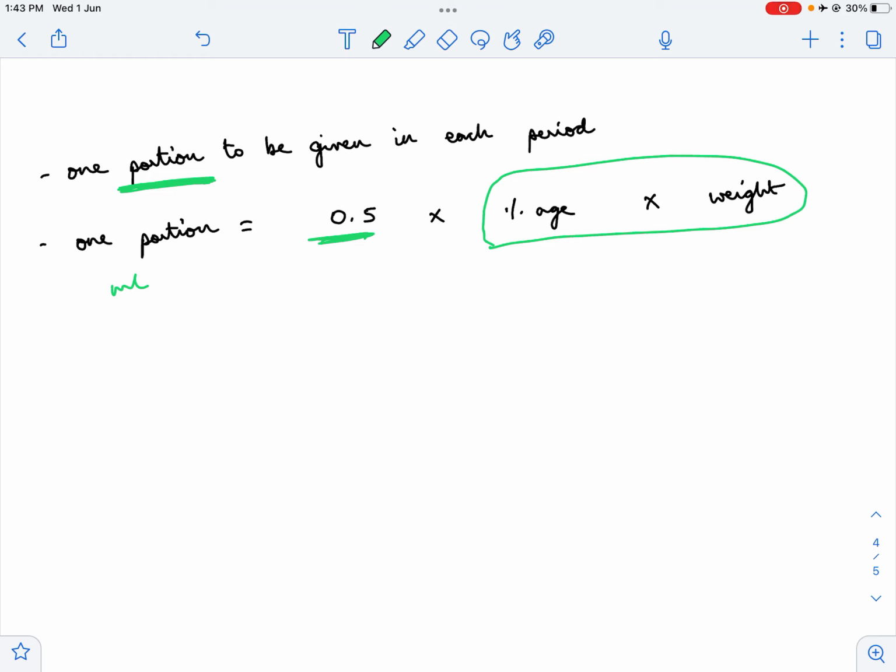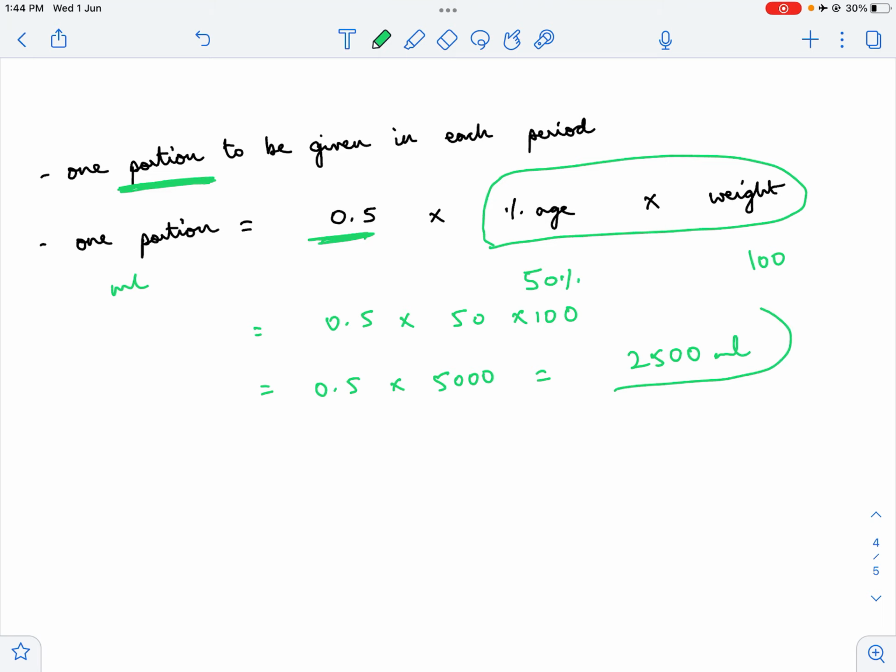So let us say our patient has developed 50% burns, he weighs 100 kgs. So this would be 0.5 into 50 into 100, that is 0.5 into 5000, which is 2500 ml.